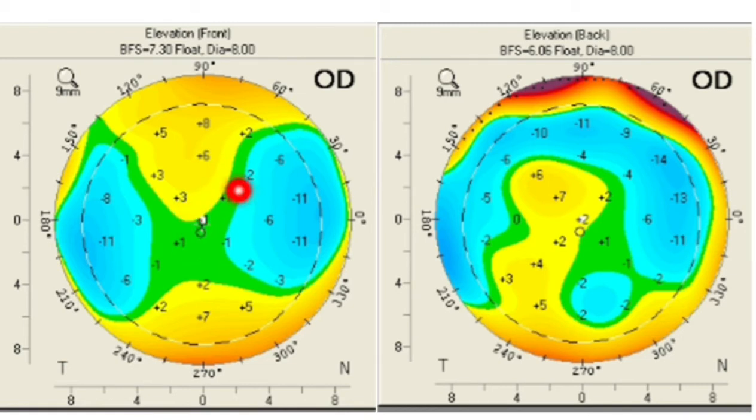For the central 5 mm area, the point should be less than 18, or less than 15, but it should not be more than 20. Then only can you call the cornea normal. In the back also, the corresponding point of the thinnest location should be less than 7, and in the central 5 mm area, the corresponding point should not be more than 20.